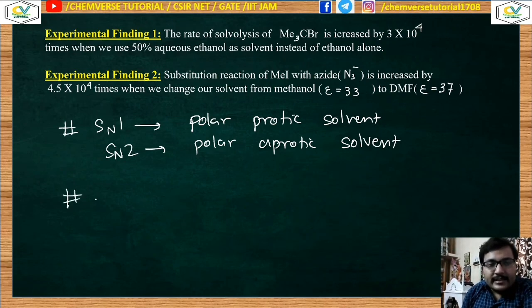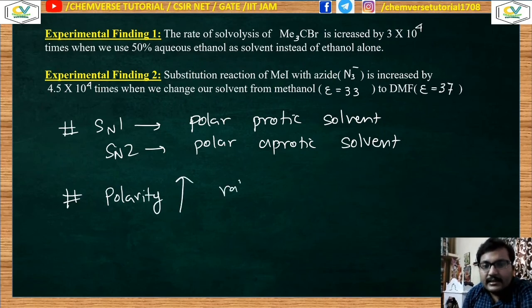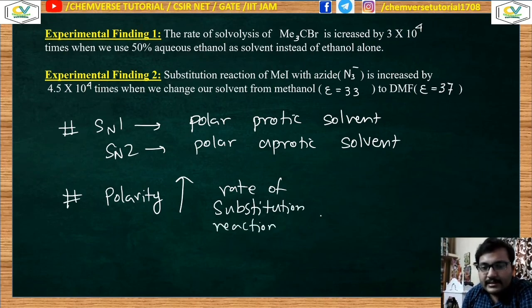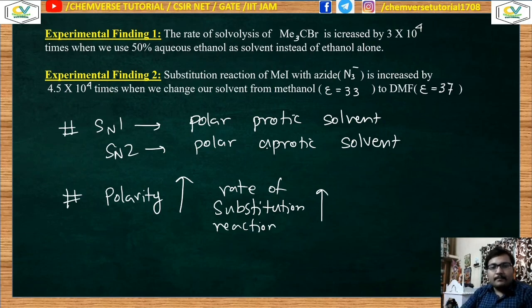Another point is that if polarity increases, the rate of substitution reaction increases, provided these factors match with each other. That means if we increase the polarity but we are using a protic solvent in SN2, then obviously the rate cannot increase. So we have to follow the first criterion: for SN1 we will choose a polar protic solvent, and for SN2 we will choose a polar aprotic solvent.